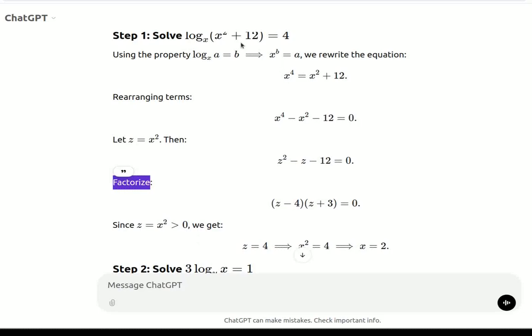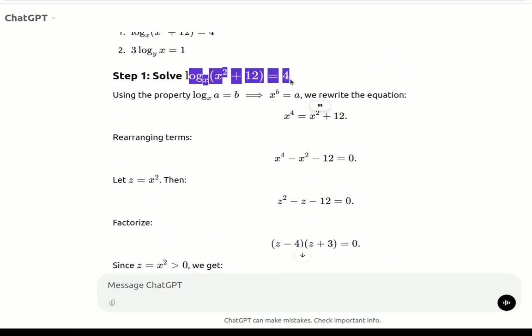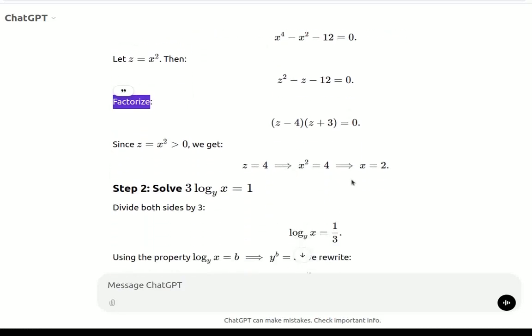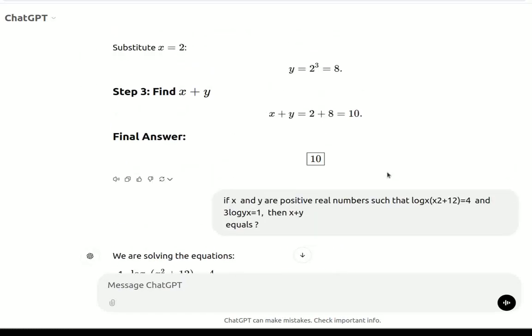So it is making the x to the power 4 as x square plus 12, because in the logarithmic equation it has been mentioned like this only, and then it is assuming z as x square and making that a factorized form, and it is finding the value for x equal to 2. Okay, because z equal to 4 and x square equal to 4 and x should be 2, because we are told that it is positive real numbers. So it is assuming that fact as well.